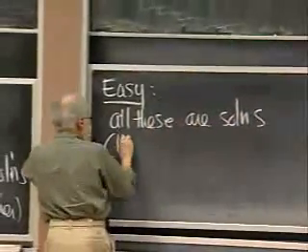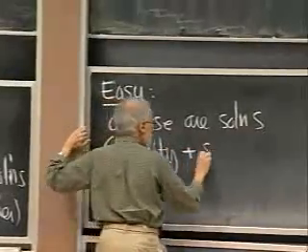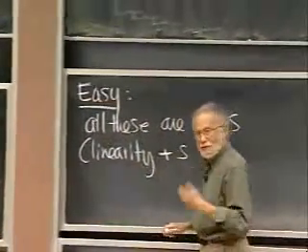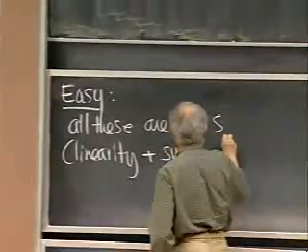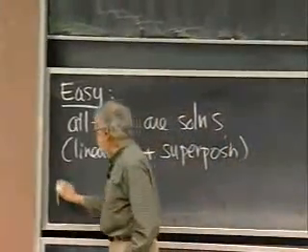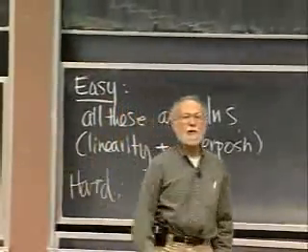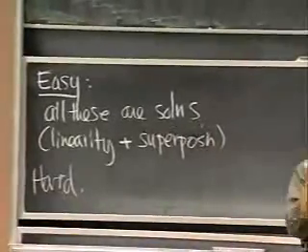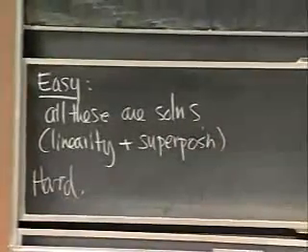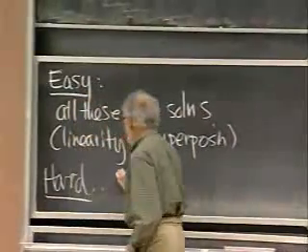That's linearity, if I use that buzzword, plus the superposition principle, that the sum of two solutions is a solution. The hard thing is not to show that these are solutions, but to show that these are all the solutions, that there are no other solutions. No matter how you do that, it's hard.